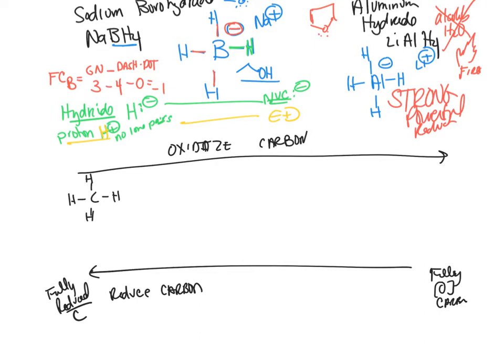Take something like methane. Alkanes are fatty and they have lots of hydrogens, and you have 4 hydrogens. If we remove a hydrogen and replace it with oxygen, when you oxidize, you're adding oxygen and removing hydrogen. When you reduce carbon, you're adding hydrogen.